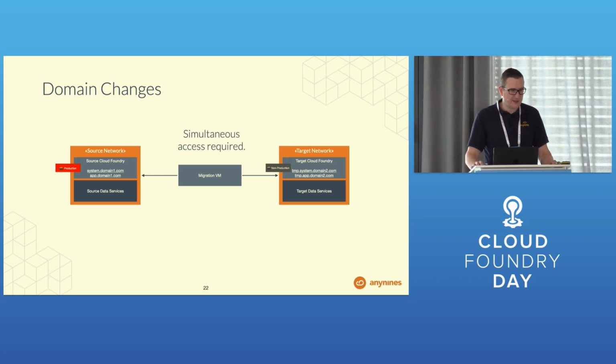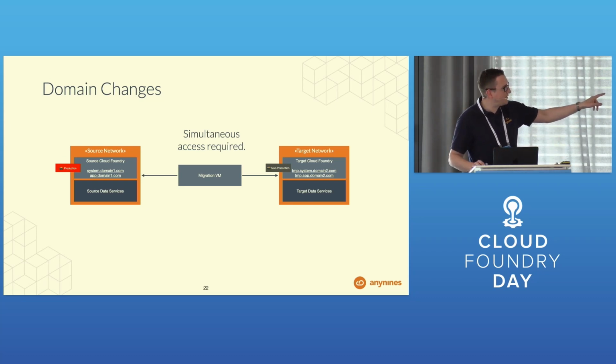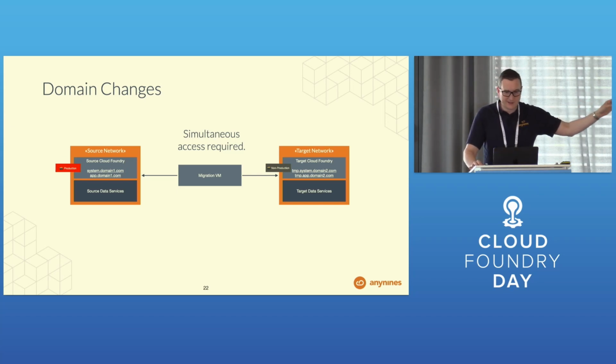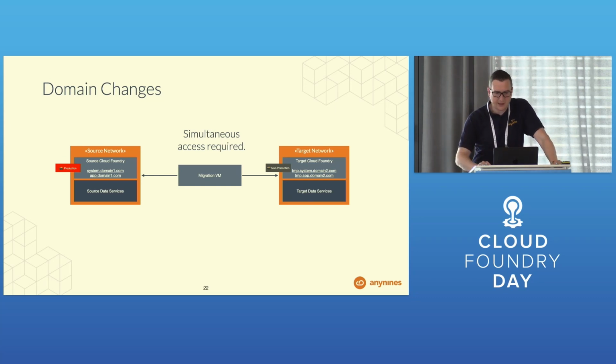You'd have to be very conscious about where your production environment is. In this case, we have the original domains still in the source network. The target Cloud Foundry is non-production, and your migration logic can access both systems. And we'll see in a few minutes why this is meaningful.